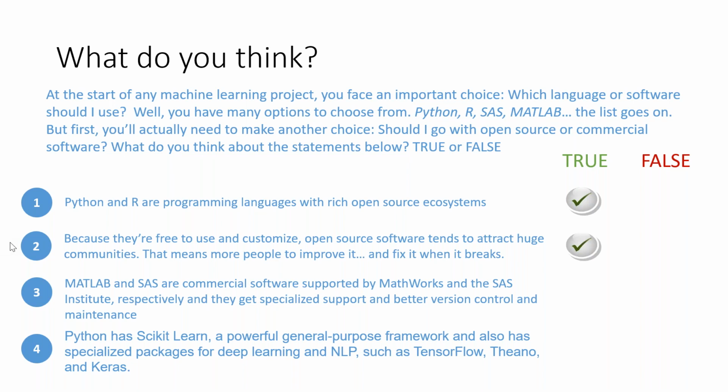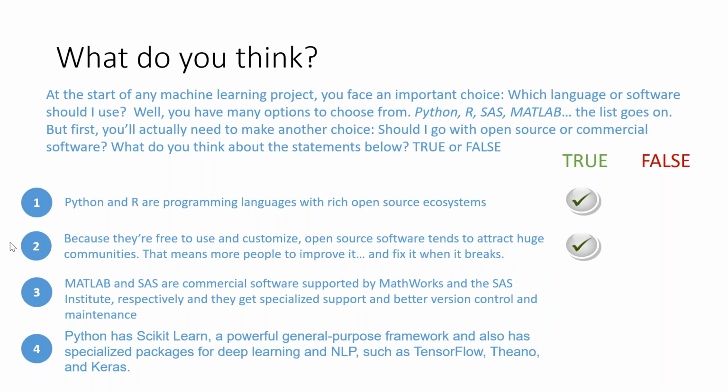Now let's come to some of these commercial alternatives. MATLAB is a very well-known software from engineering colleges onwards. We know MATLAB also has very powerful ML technology and ecosystem. Similarly, there is another firm called SAS. Both of them have commercial software.